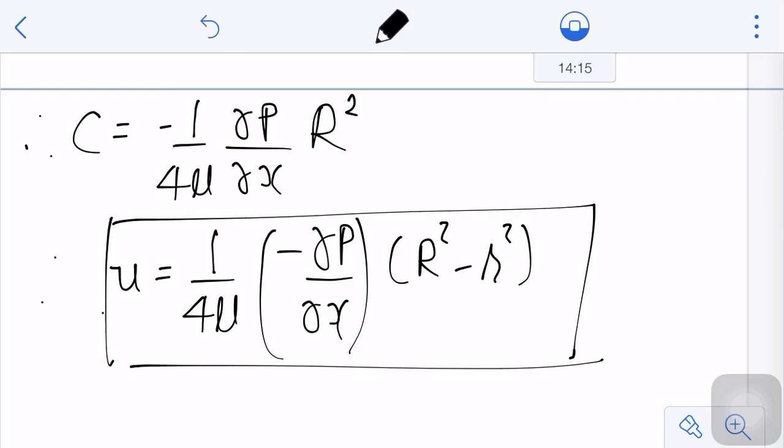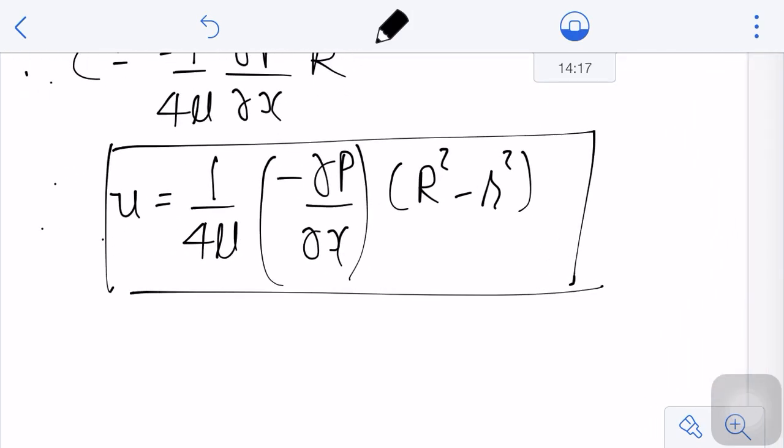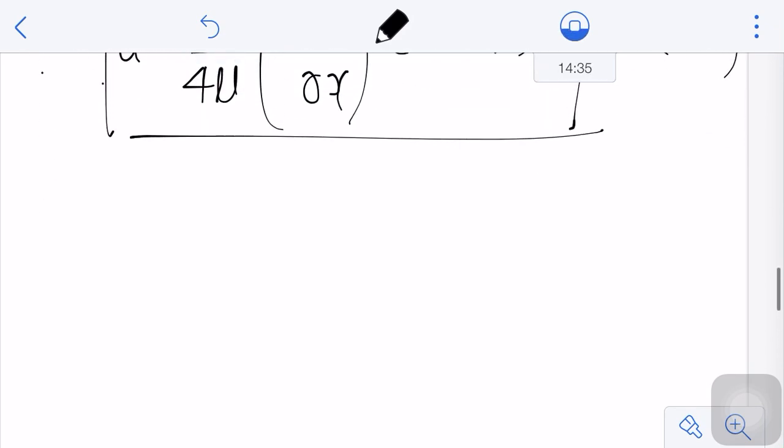Now, this equation is saying that the velocity of the fluid flow varies parabolically, and the surface of this velocity distribution is nothing but a paraboloid of revolution. Let us say this is equation number 4. We can now show the velocity distribution across the section.